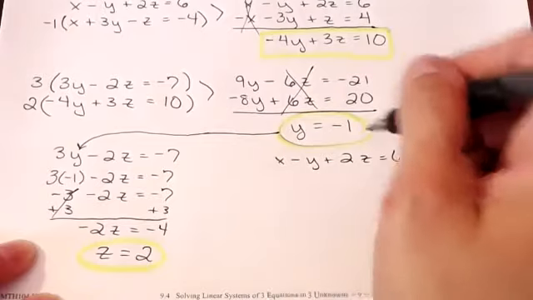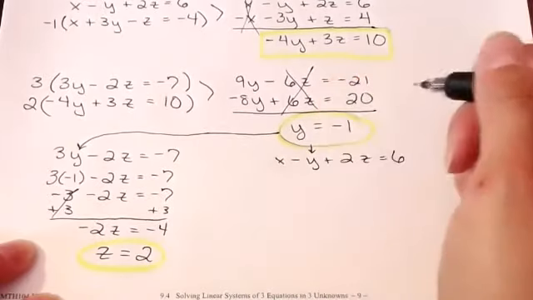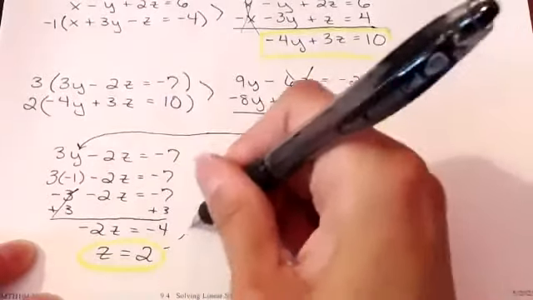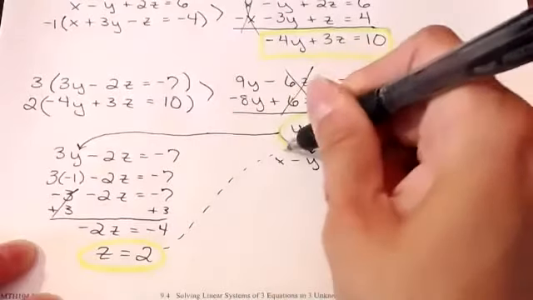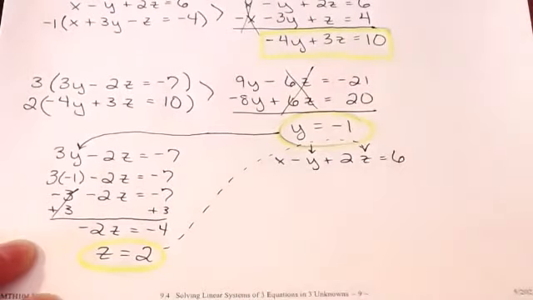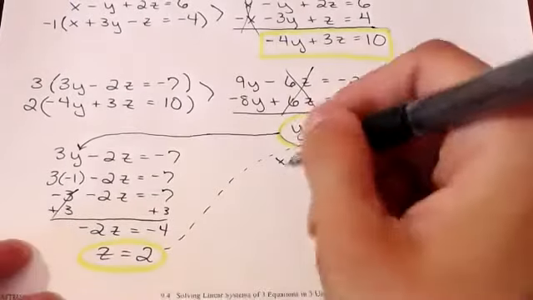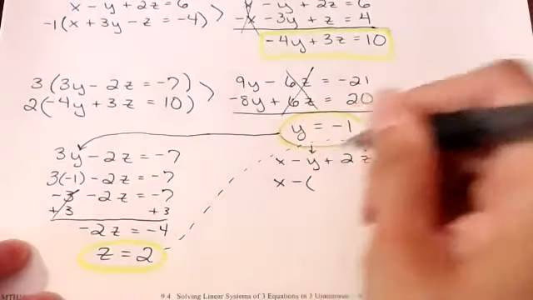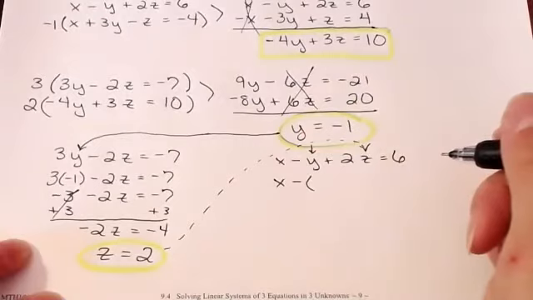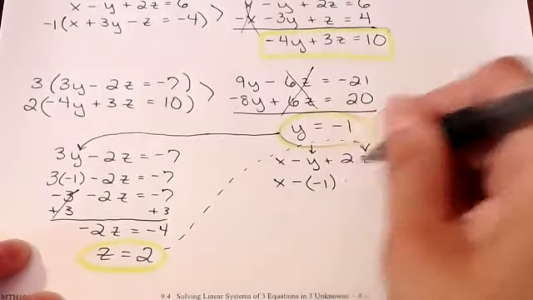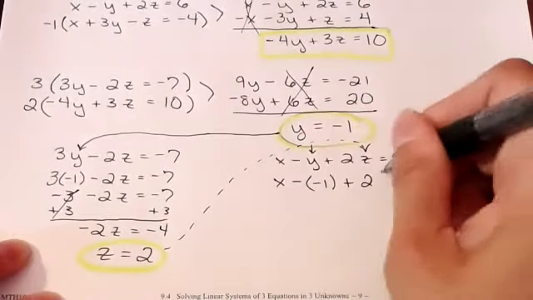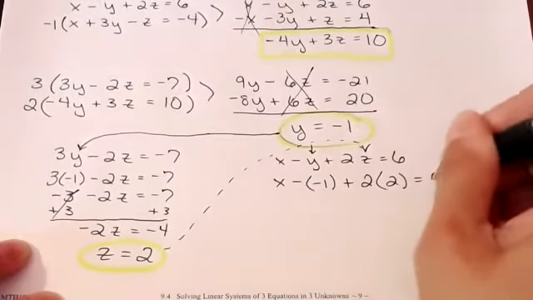And I'm going to go ahead and make my substitution. So this one goes in here. And then, of course, let's draw a dotted line so that we can follow the flow. And that one goes here into z. So we have x minus, careful, we have to sub in a negative 1, so we need parentheses. Negative 1 plus 2 times z, which is 2, and that's equal to 6.